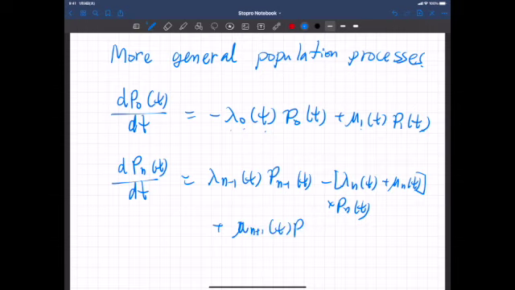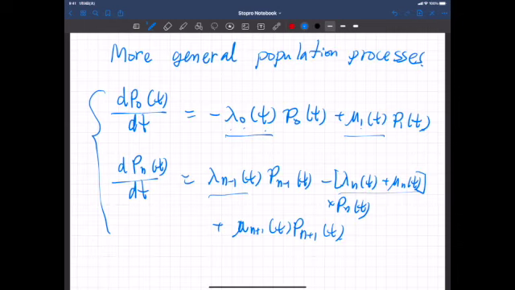So everything can depend on both population and time. This is an extremely complicated process. And of course, unless we specify the functional forms of these, there is no possibility that we can solve these equations. So depending on the problems, we change these functions.